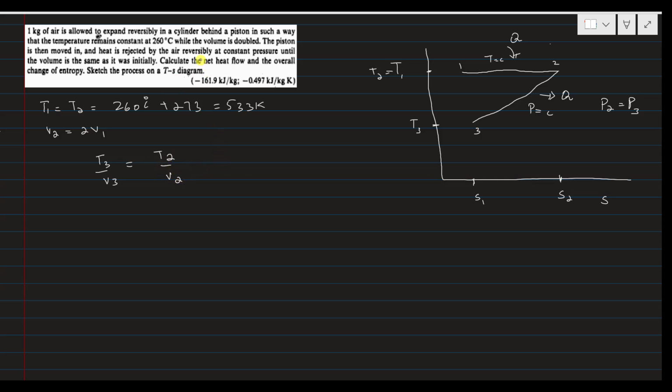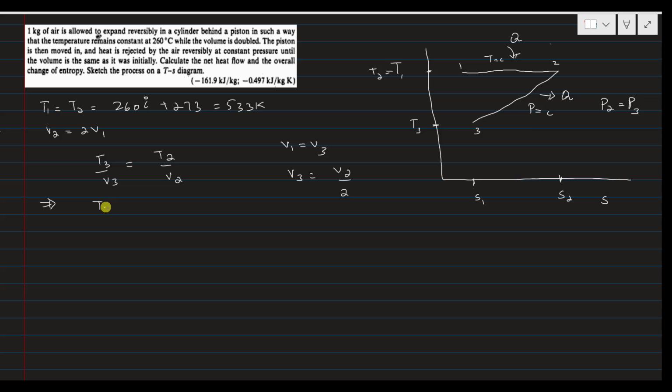Remember, the statement says that at constant pressure, when heat rejection is taking place, the volume V1 and V3 are the same. So V1 equals V3, and V3 is equal to V2 by 2.